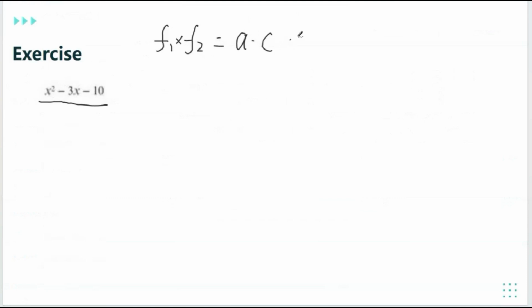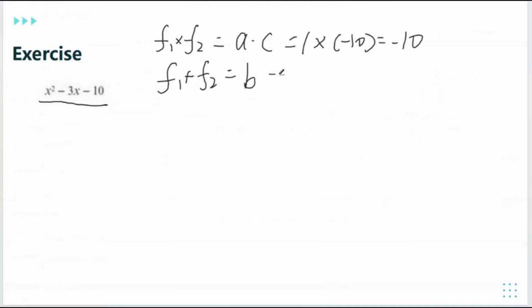Okay, so you have to find factor 1 times factor 2 equals AC. AC means 1 multiplied by negative 10 equals minus 10, right? And f1 plus f2 equals b, so b is minus 3, right?